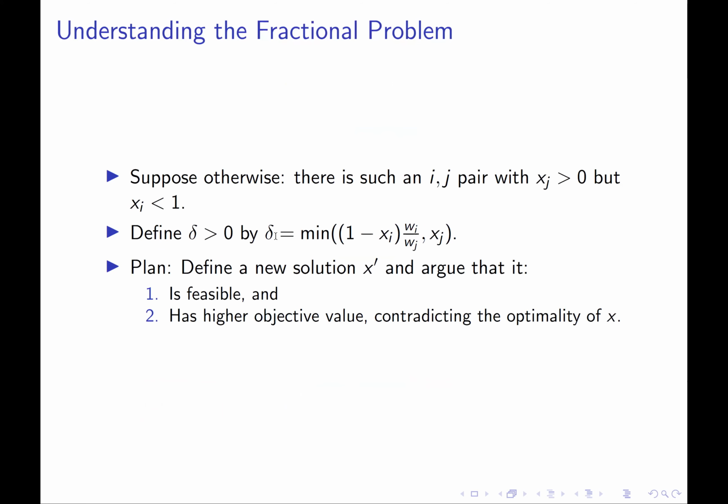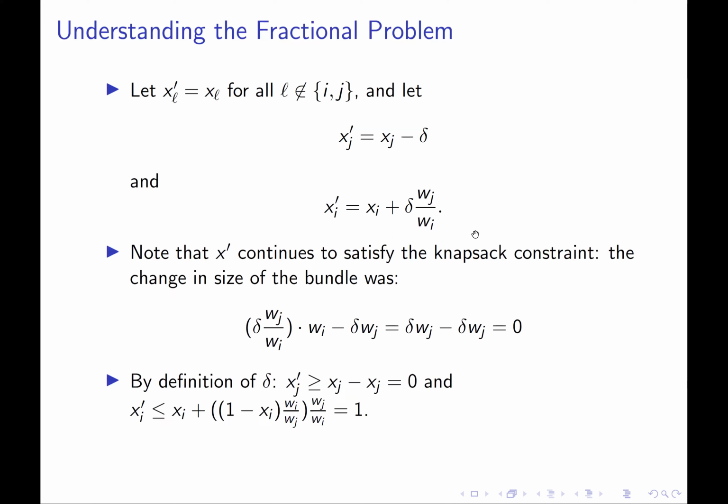Delta is the minimum of 2 things, but in particular, delta can only be smaller than xj, right? Because delta is the min of something and xj. And so we started with some positive number, xj, and we subtracted off from it some number delta, which is only smaller than xj.